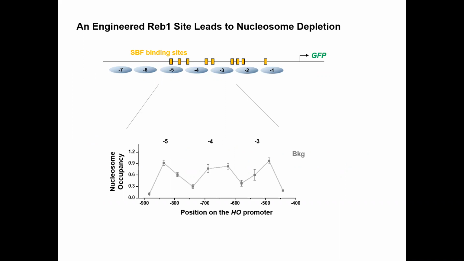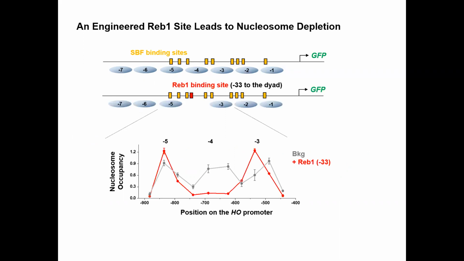You can see there are three humps representing well-positioned nucleosomes -5, -4, and -3. When we artificially engineer the Reb1 binding site into nucleosome -4, you can see a dramatic change in the MNase sensitivity. In particular, nucleosome -4 is displaced.